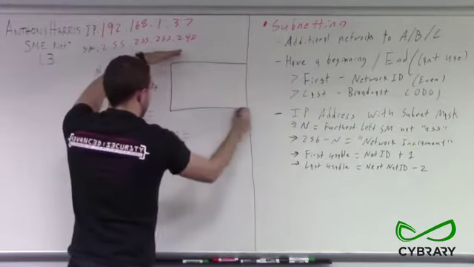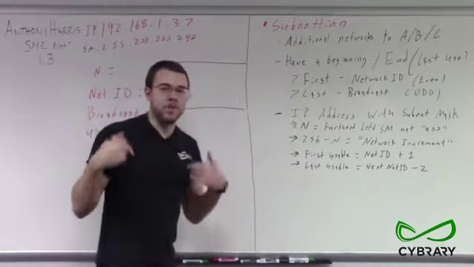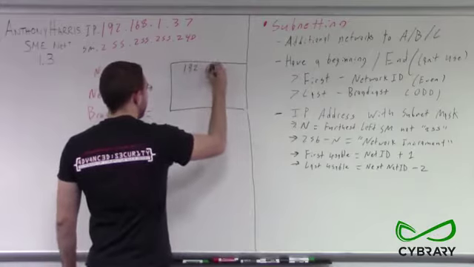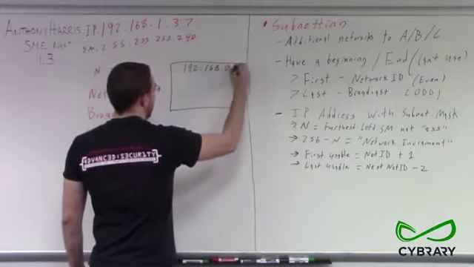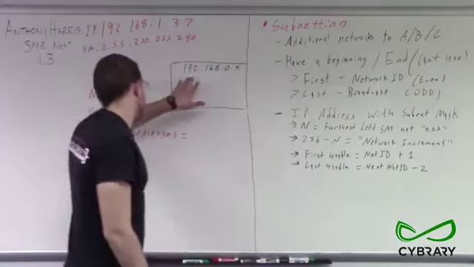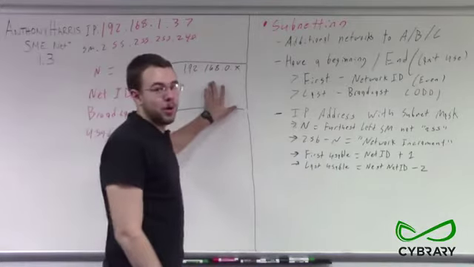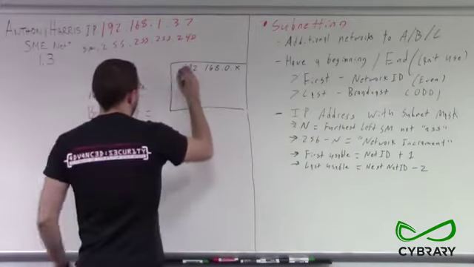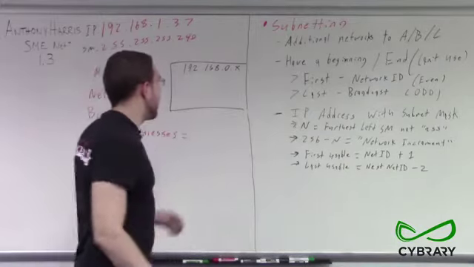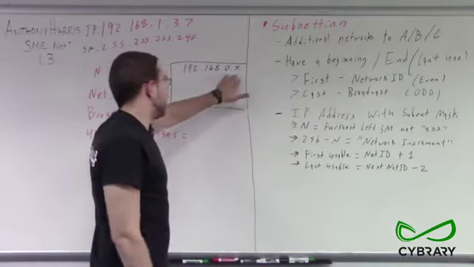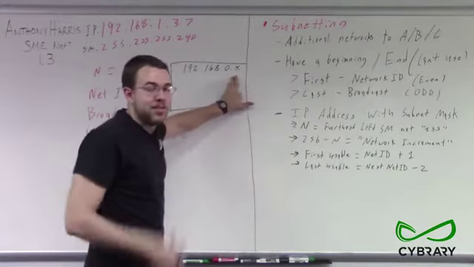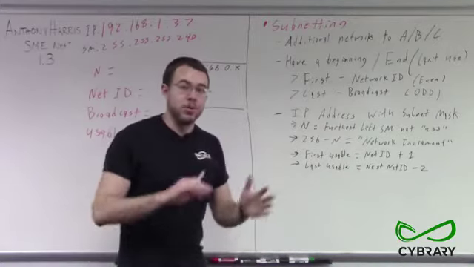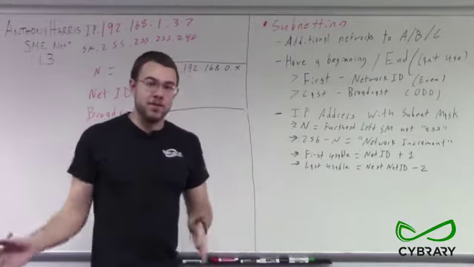So let's say we have an IP network of 192.168.0.x. All of our IP addresses are on this network. 192.168.0.x is a Class C IP address, because that fits in our range of addresses, 192.168.0.0 through 192.168.255.255.